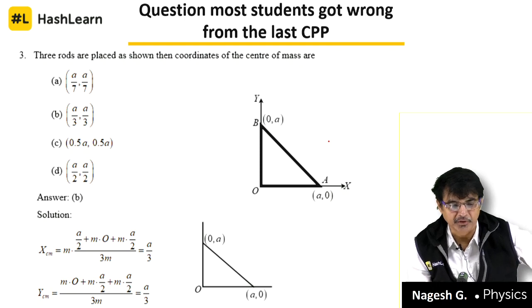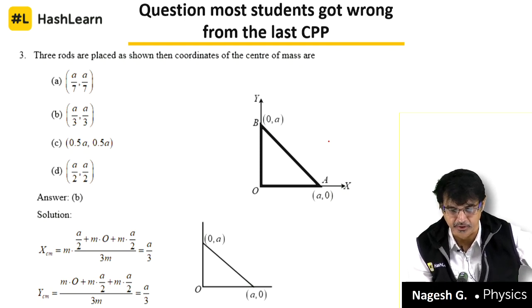Today let us see the list of questions which I had given. In that, many students have gone wrong regarding this problem. We have placed three rods, one along the x-axis, another along the y-axis, and a third one joining both the rods, and I asked you to find the center of mass.